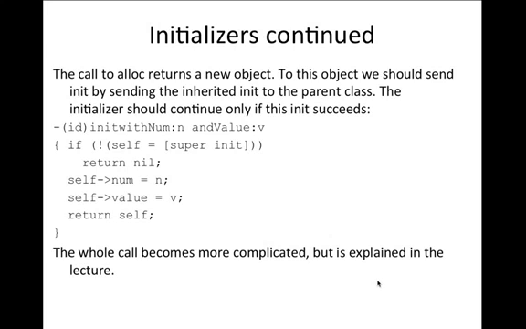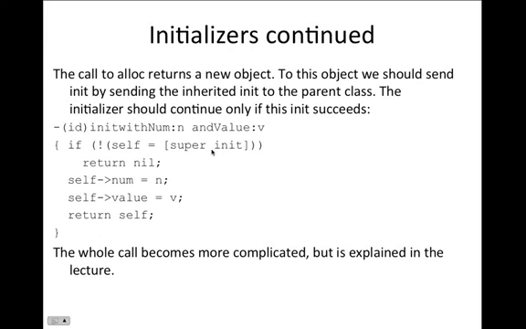So the call to alloc returns a new object, and we looked at alloc last week as well. So to this object we can send init by sending the inherited init to the parent class. So the initializer should continue only if this init succeeds. So we could put a check in there to see if self is not equal to super init.